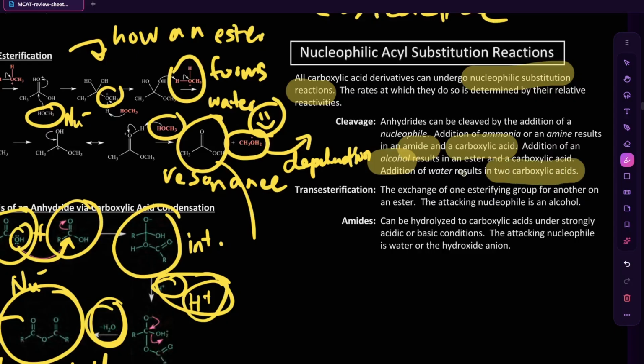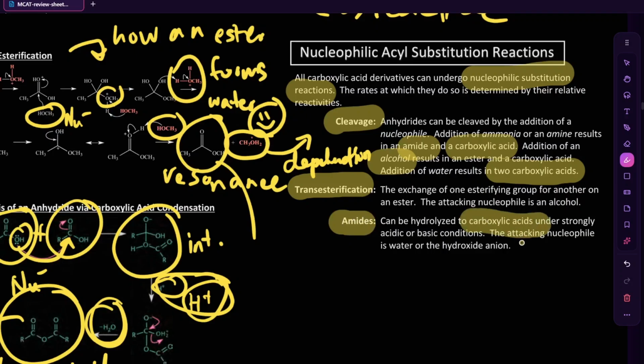So that's cleavage here. Transesterification is one ester trading its alkoxy group for a different one. So the attacking nucleophile is an alcohol, substituting in for whatever alkoxide there was originally. Amides, we can go into amides. They can be hydrolysed back into carboxylic acids under strongly acidic or strongly basic conditions, right?